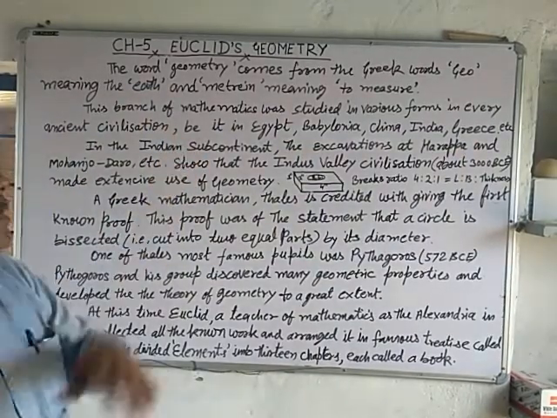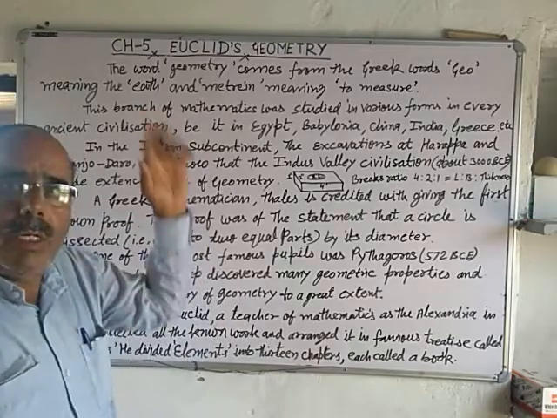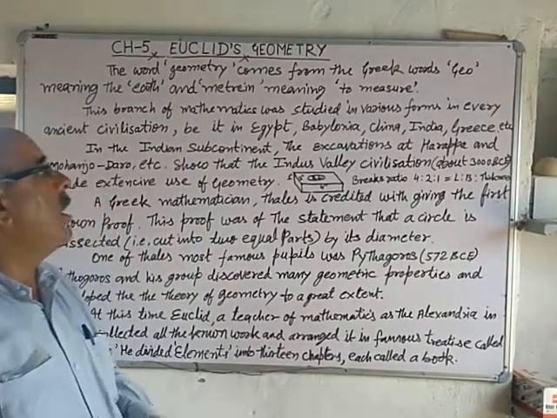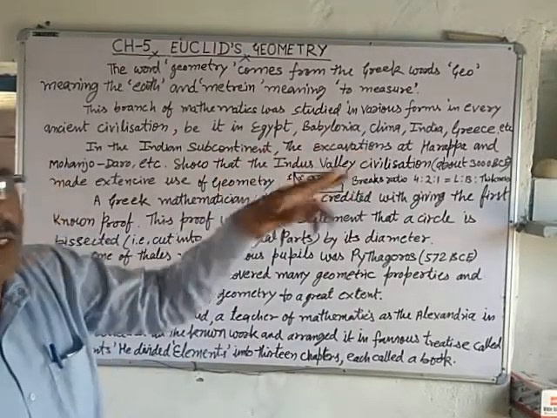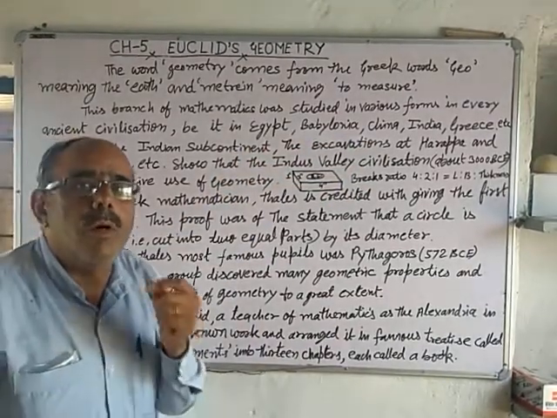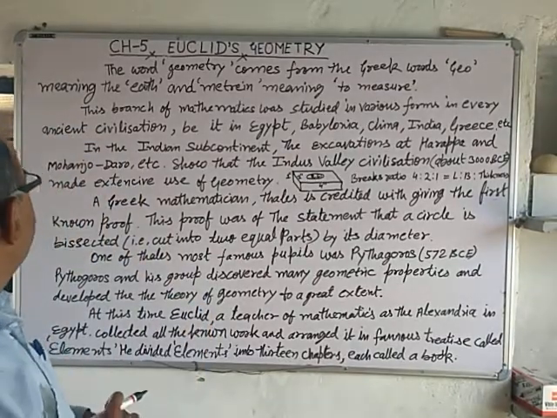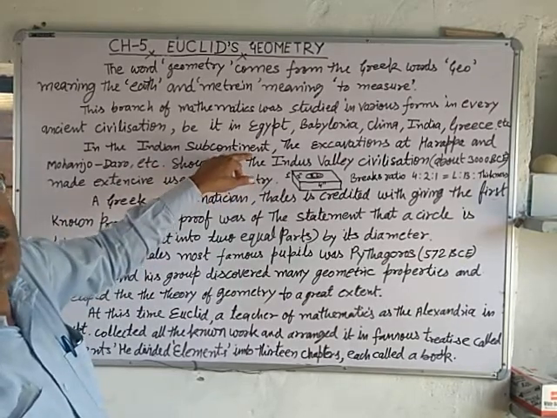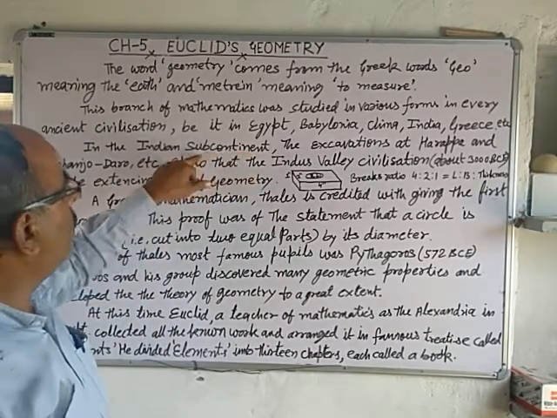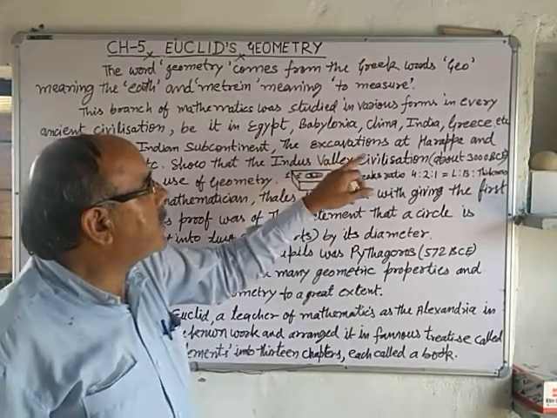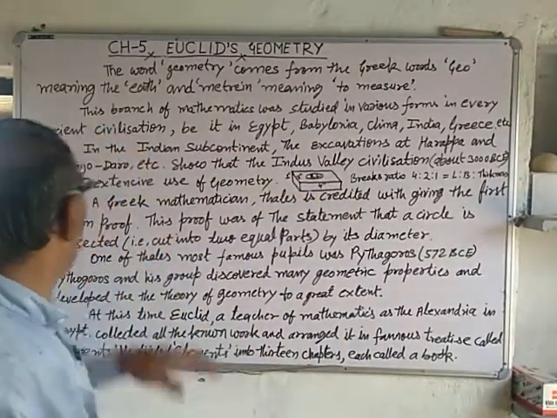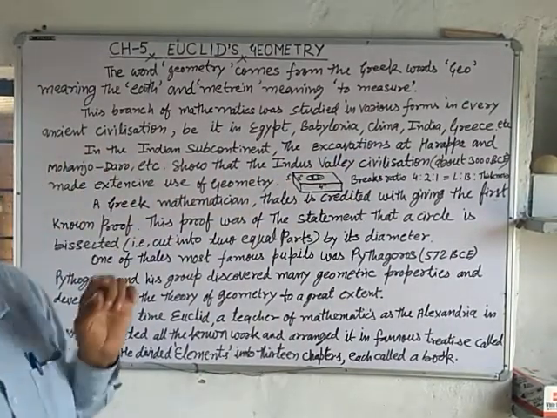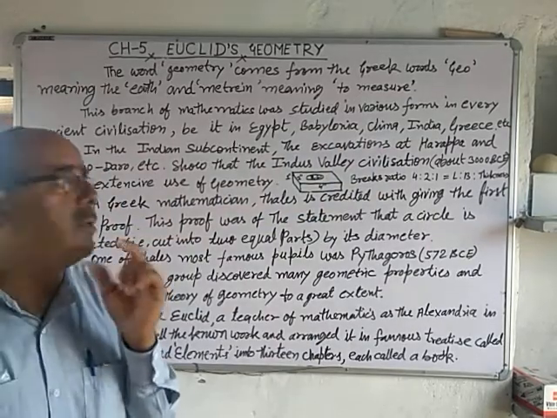Many countries were well known for geometry. In the Indian subcontinent, the excavations at Harappa and Mohenjo-daro show a developed civilization.